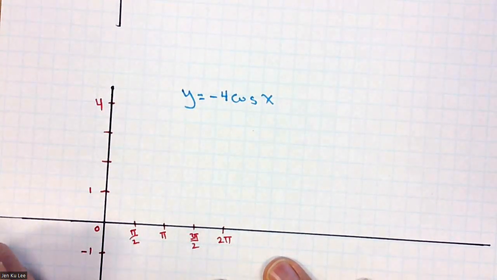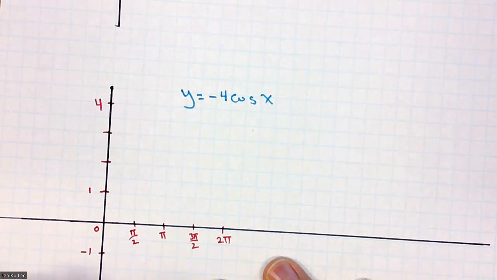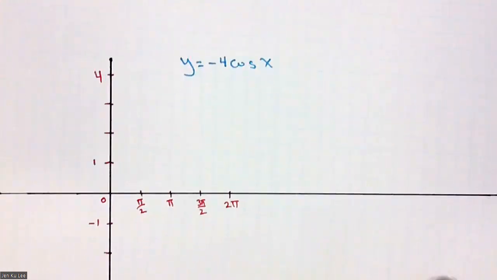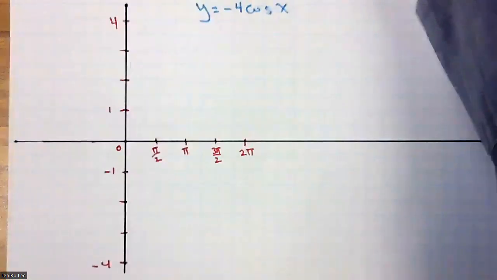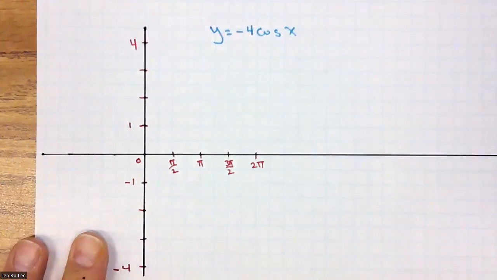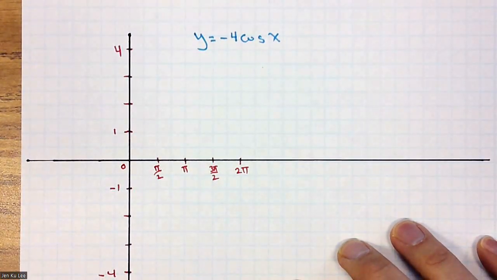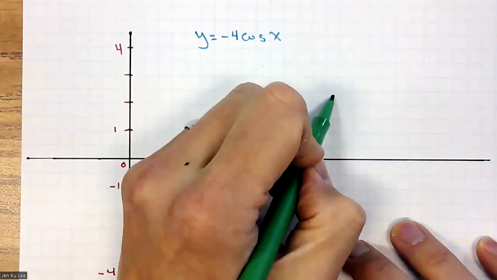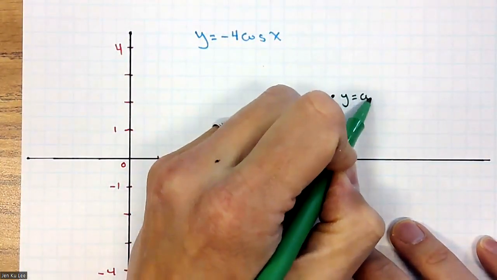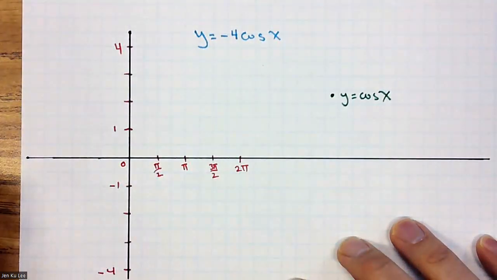That's negative 1, 2, 3, 4. That's 4. Negative 4. Okay. Oops. Back up so everyone can see. Cool. So in green, I'm going to graph my parent function, cosine of x.